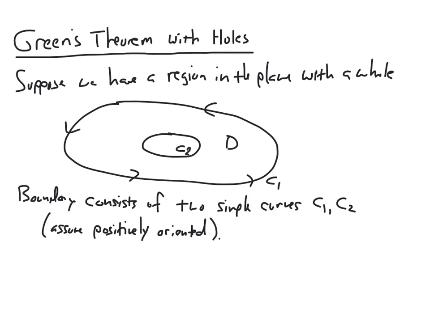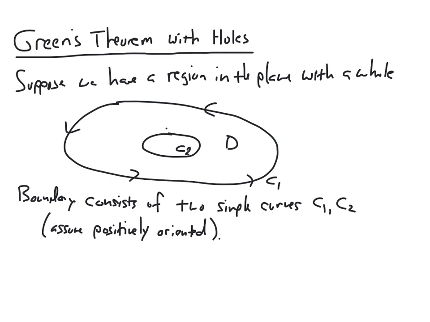We defined positive orientation before as being counterclockwise, but really the key is we want the region to be on the left, which with simple regions, like all the ones we've seen before, simply means counterclockwise. In this case for C1, it means counterclockwise. But if you imagine yourself walking around the curve C2 and ask yourself, which way would I have to walk in order to have the region on my left?